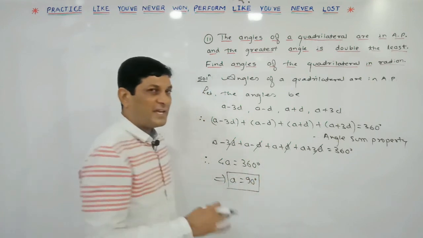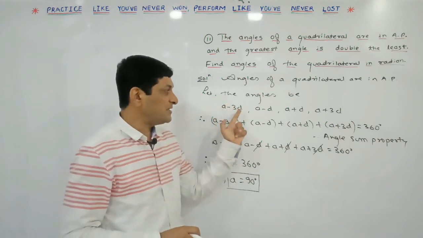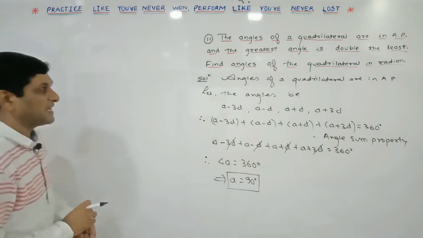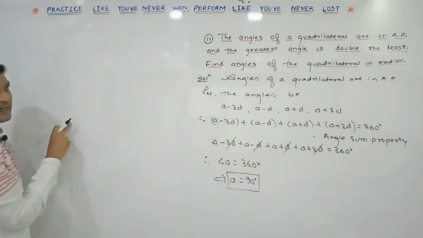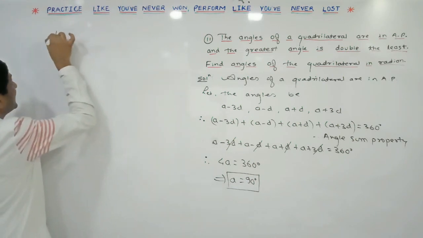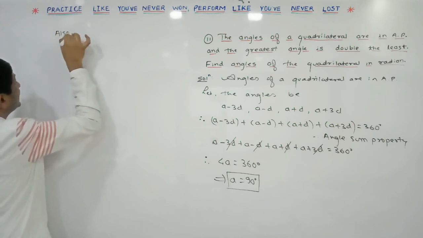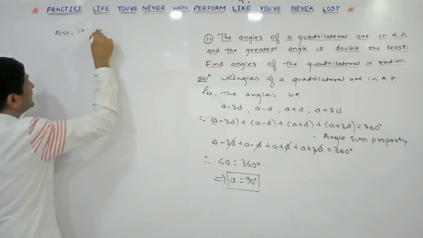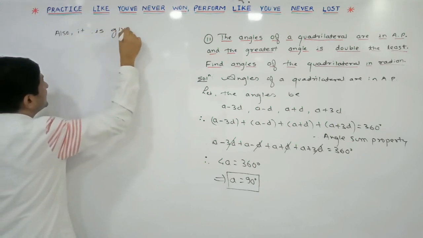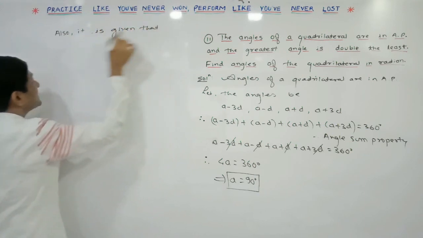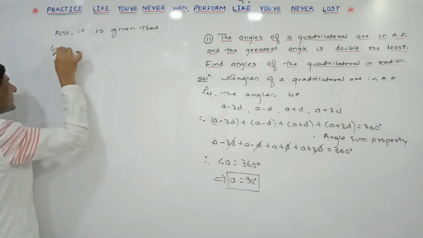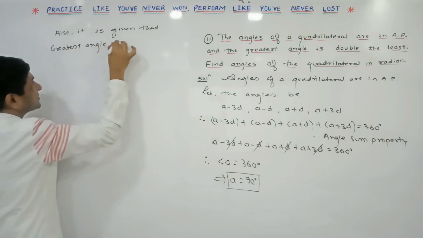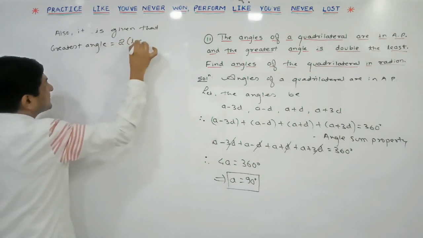Once the value of A is known to us, the remaining part is just to find the value of D. Now we are using the given condition in the example. So what is the given condition? The greatest angle is double the least, that is, the greatest angle is twice the least angle.